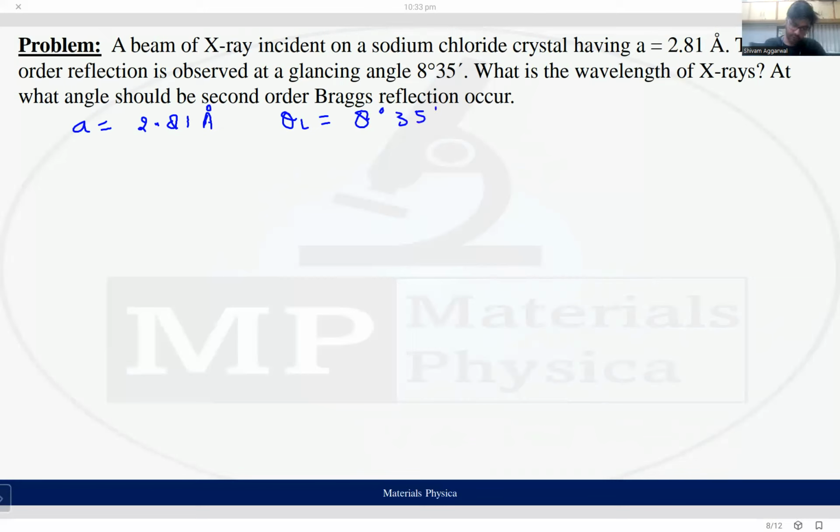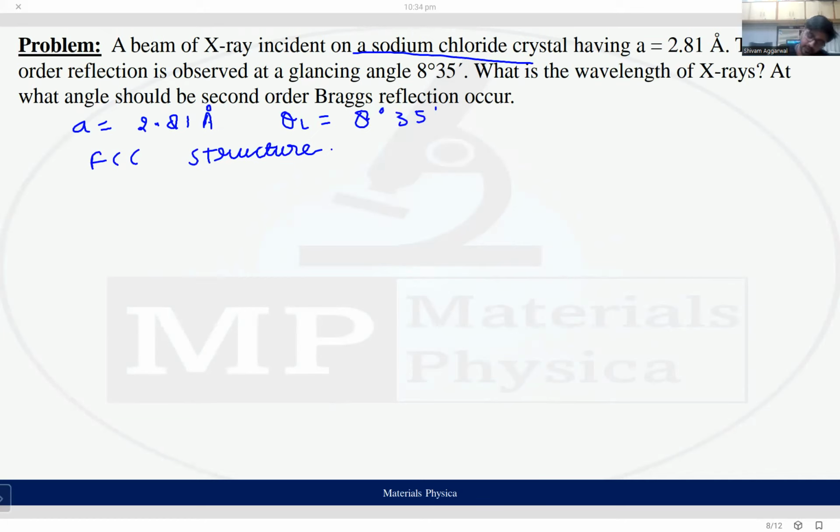This is for the sodium chloride structure, and the sodium chloride structure is FCC. Here I don't know from which plane the reflection occurred. So in this case, we will take the first reflection which would occur in this type of crystal.